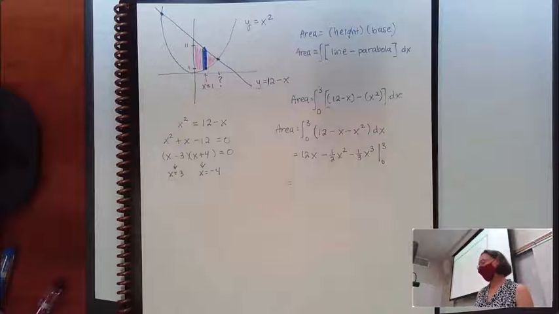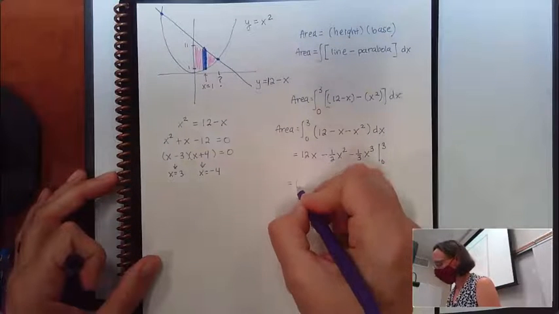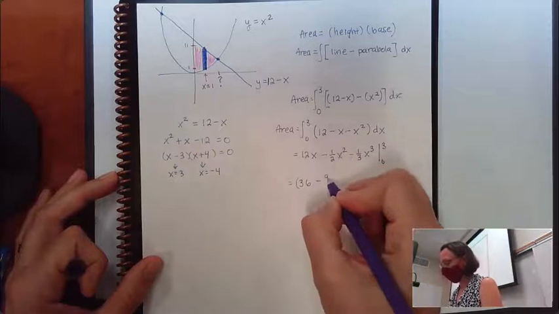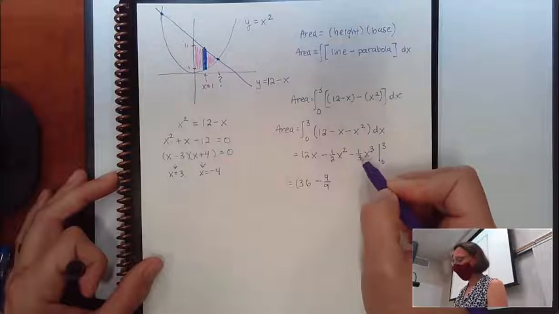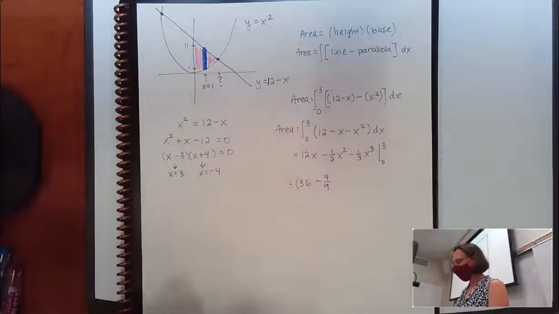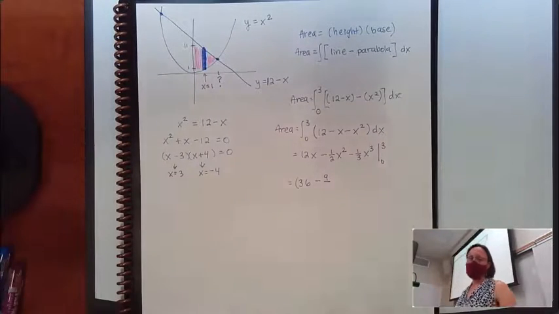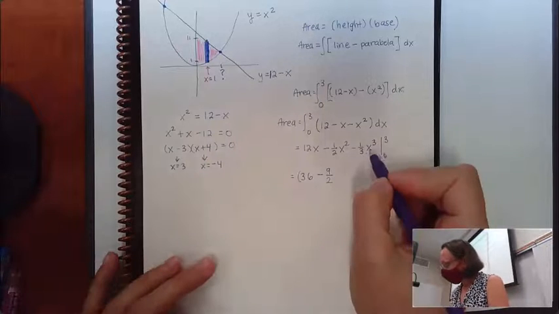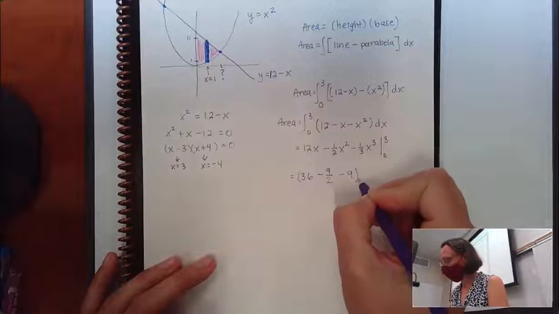Maybe simplify the parts that are easy to do in your head. I can do 12 times 3 in my head, so that would give me 36. 3 squared is 9, so I would write that as 9/2. 3 cubed is 27, but times 1/3 would be a 9.